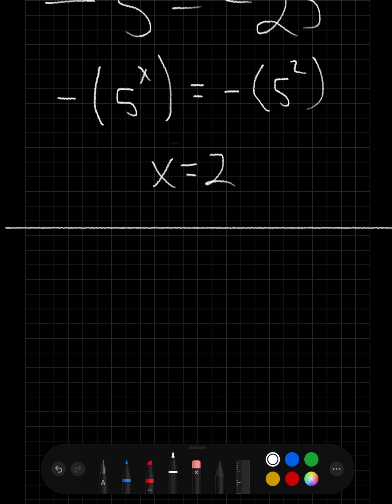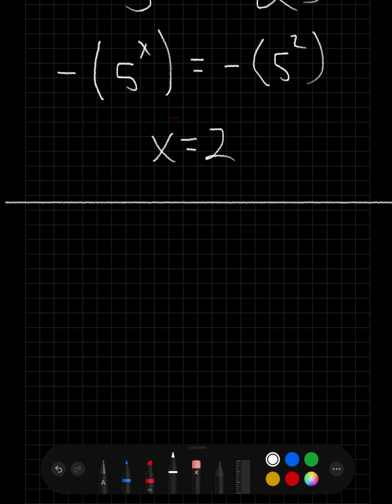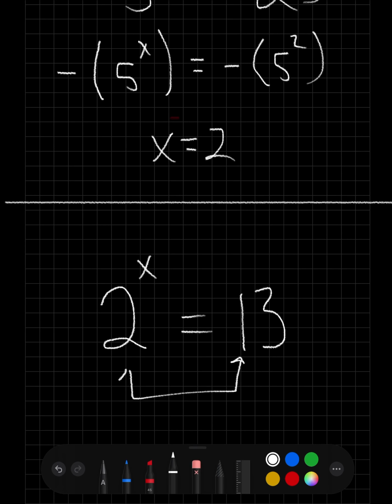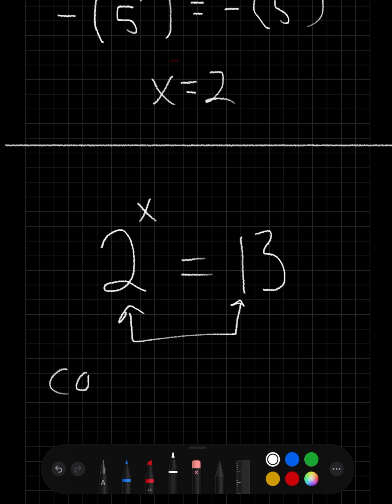And then in the next video, I'm going to talk about what to do when there's just no way that you can get the same base. So for example, let's say I have 2 to the x is equal to 13. There's no way that I could rewrite 2 and 13 to have the same base. Absolutely no way. 13 is a prime number. It has no factors of 2.